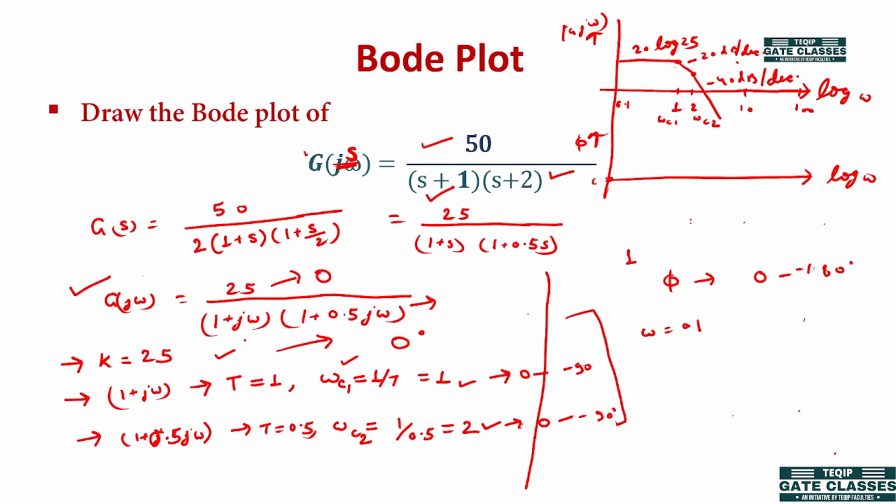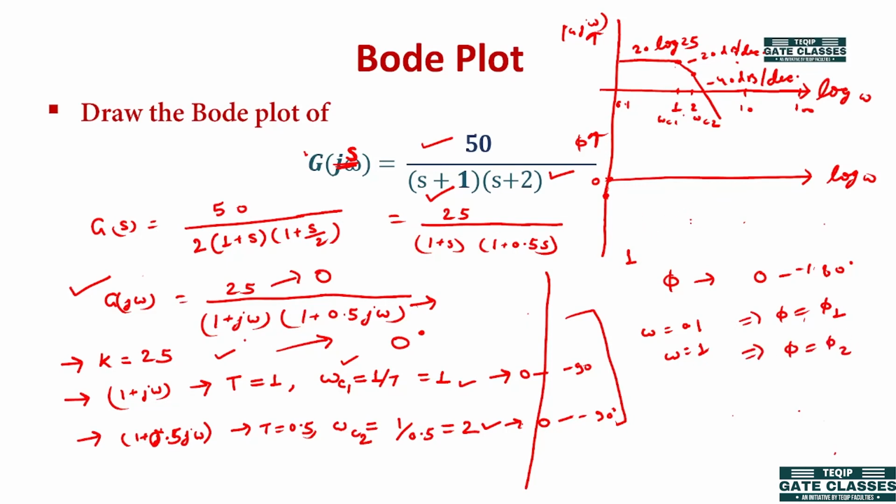Okay, so if this is 0, for 0.1 we may get some negative value. Suppose we are getting it here at 0.1, and then we can calculate the phase angle at omega 1, let's say the value comes out to be phi 1, and then phi 2.